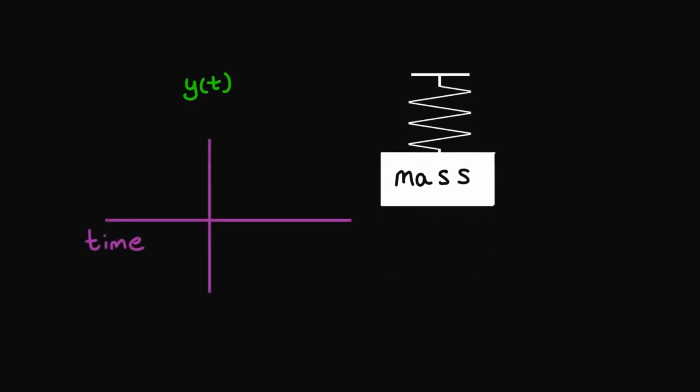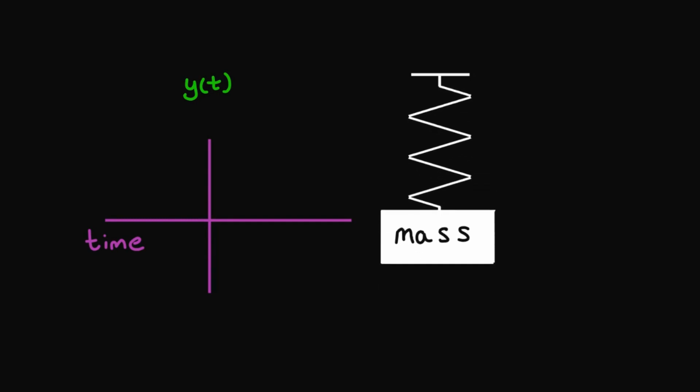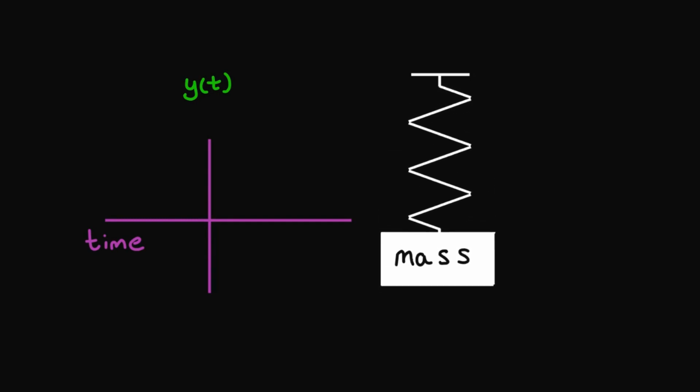We start by considering a mass attached to a spring. We pull the mass down, and then we release it, and it begins to oscillate. I'm interested in this block's height as a function of time, so let's make a graph. The horizontal axis is time, and the vertical axis is height, which we'll call y of t.